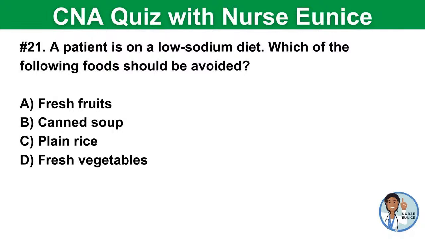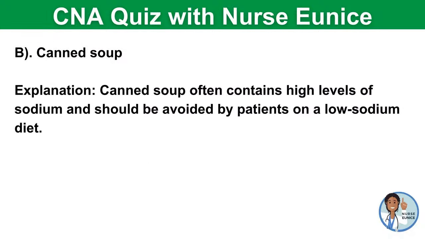So for this one, yes, it is going to be B, canned soup. Anything that is processed that can stay for a year in a can more than likely has preservatives, aka salt, and a lot of it. So anyone who's on a cardiac diet is going to require low sodium.